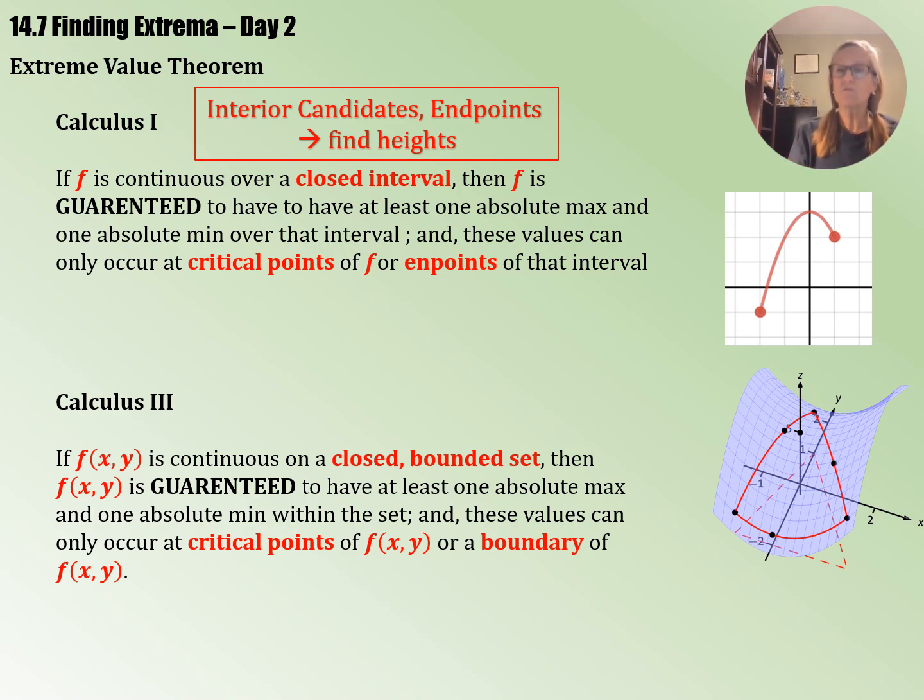And those values, just like Calc 1, can occur on the interior of that piece of the surface or on the boundary, right? Either one. Just like here, the absolute max or min could have been at an endpoint or in the interior, right?